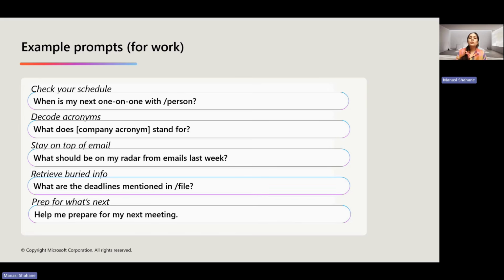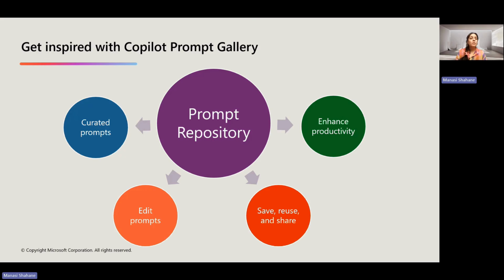Now, let's say you don't know how to get started writing a prompt. On your M365, a prompt gallery, a repository, has been created that you can use. You can definitely use one of these prompts to get started, take inspiration from it, and of course, go ahead and write your own prompt.